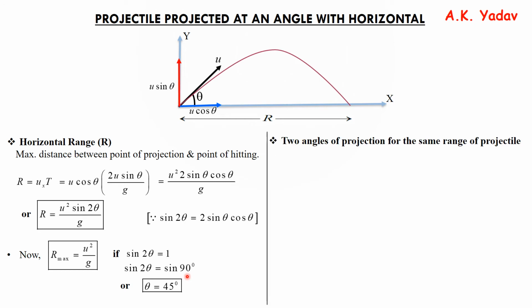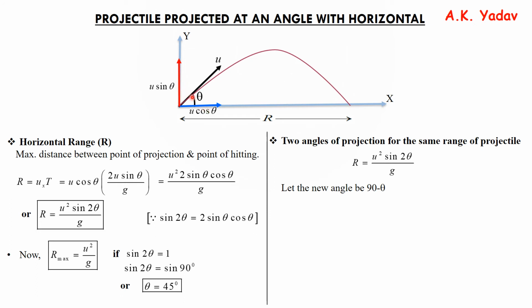Let us move further to the next thing, which is two angles of projection for the same range of a projectile. So we know R is equal to u square sin 2 theta upon g. Let the new angle be 90 minus theta, as this is the angle theta, the total is 90.